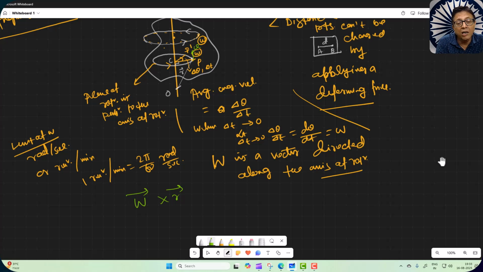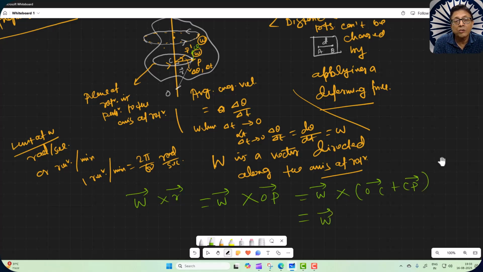Now, if we try to find omega cross r, what do you get? See, this is our r. It will be omega cross OP. You can see the diagram. By vector, it is OC plus CP. So, omega cross OC plus omega cross CP.